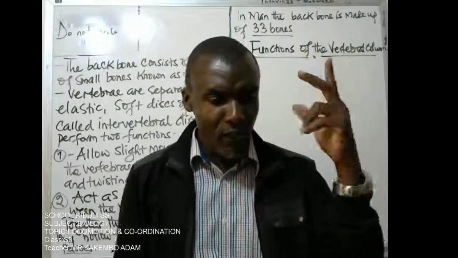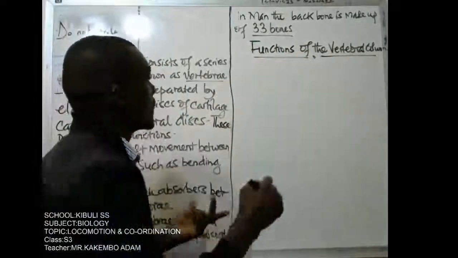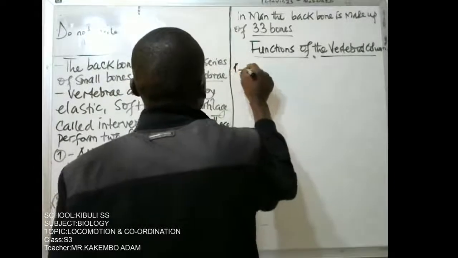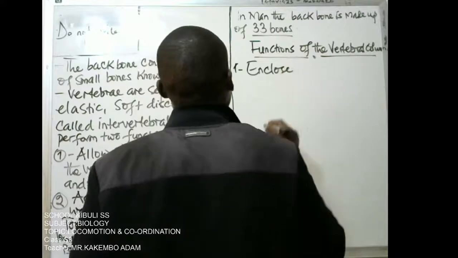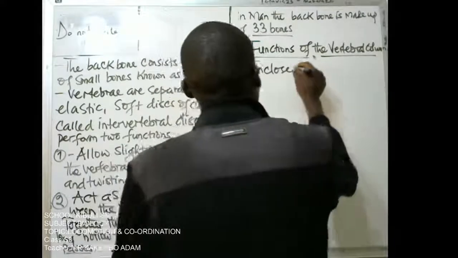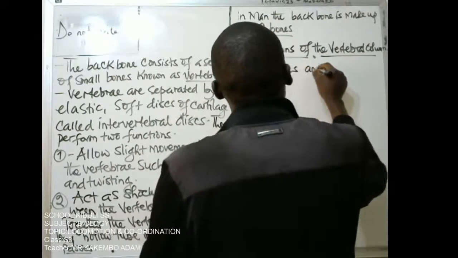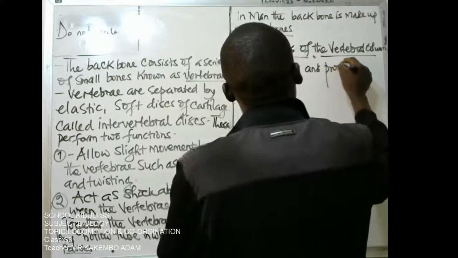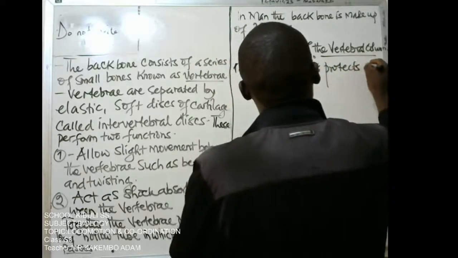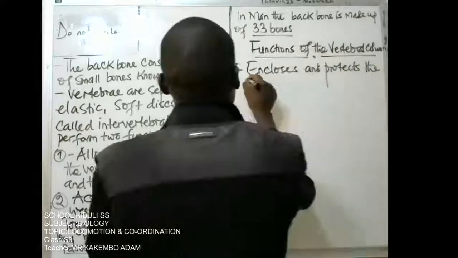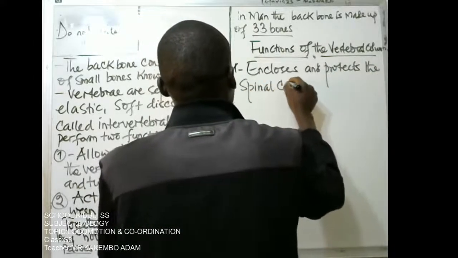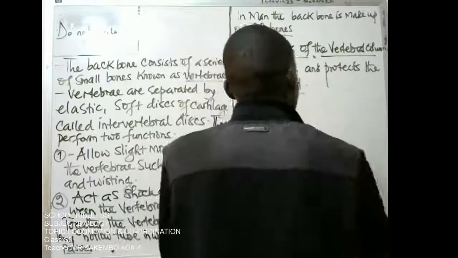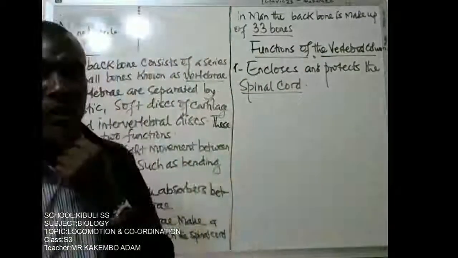One, it encloses and protects the spinal cord. The spinal cord is another important and delicate organ in our bodies, very important in coordination.